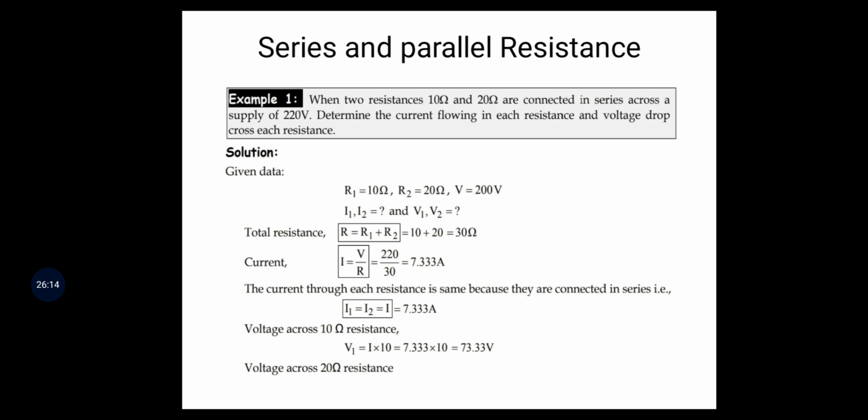The current through each resistance is the same because they are connected in series. That means I1 equals I2 equals I equals 7.33 amperes.